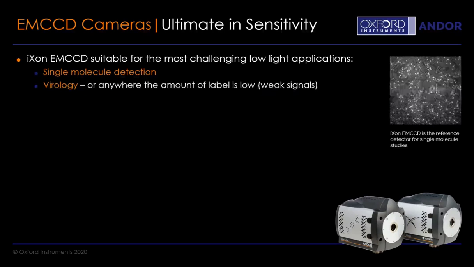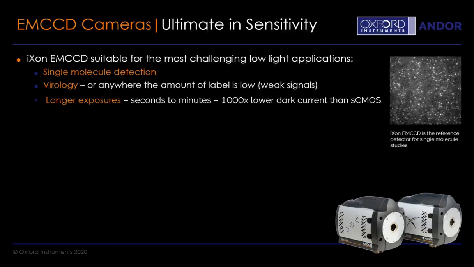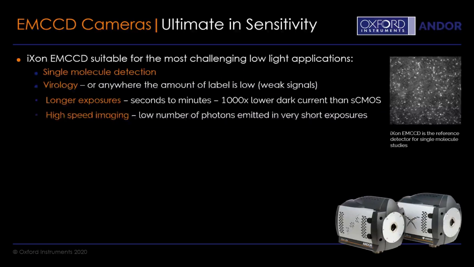In other cases, even for confocal, it can be very useful as well. And for longer exposures where we need to work with seconds to minutes to obtain a signal, the EMCCD cameras are the solutions to use, because there is up to 1,000-fold lower dark current than sCMOS cameras, so the sCMOS cameras would not be suitable once we're starting to move into seconds of exposures.